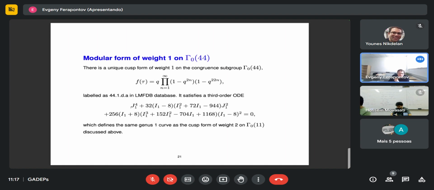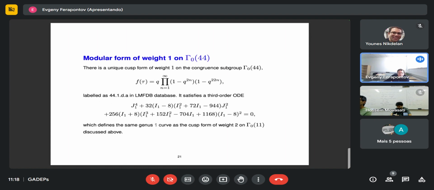Remarkably, this curve is exactly the same as the one I started with on Gamma_0(11), right? Exactly the same curve. So it has genus 1 and the same j-invariant. So it's identically the same curve as in the example on Gamma_0(11).